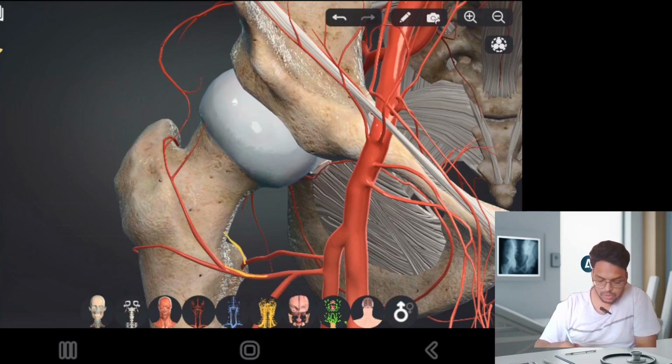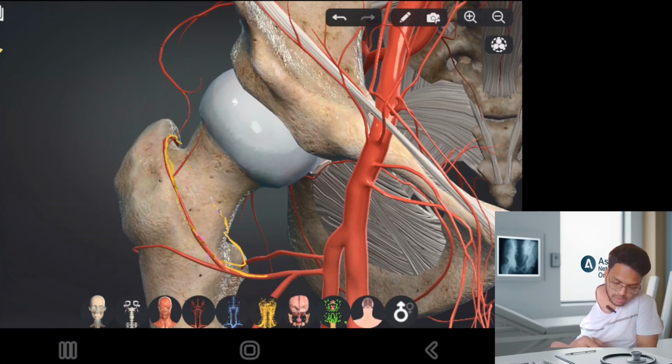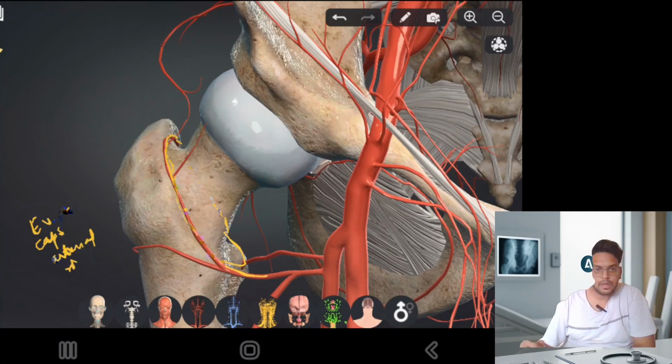Those two encircle the base of the neck region, and they form an anastomotic ring at the base of the neck, called the extracapsular arterial ring. Why do you think it's called extracapsular?